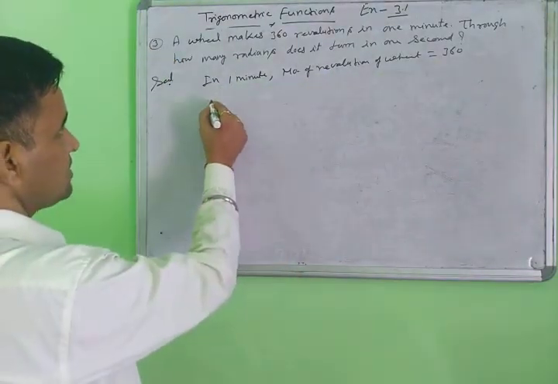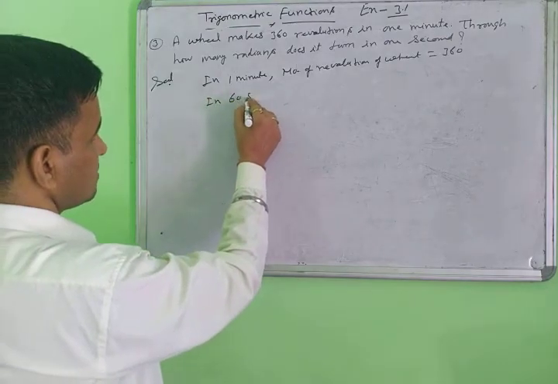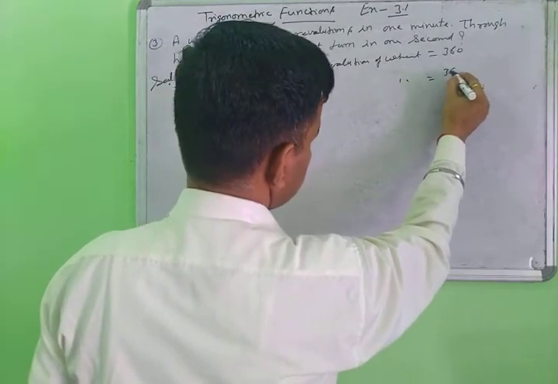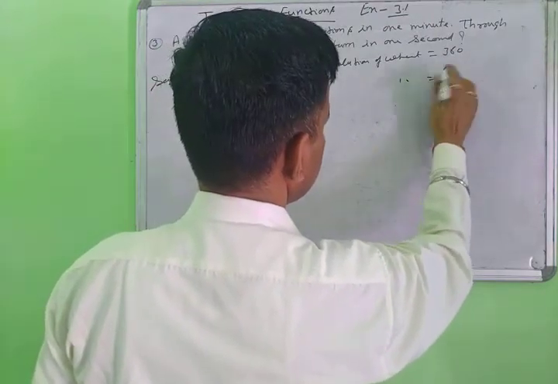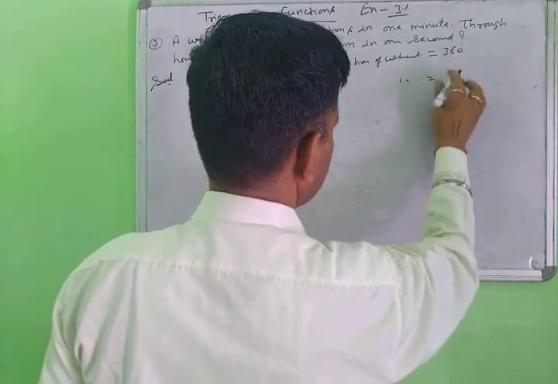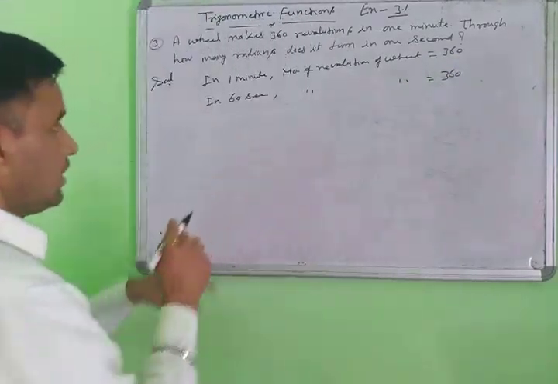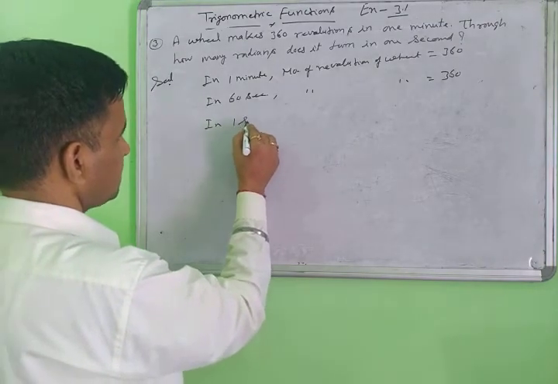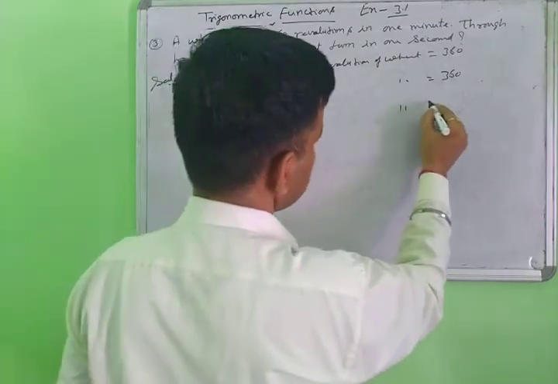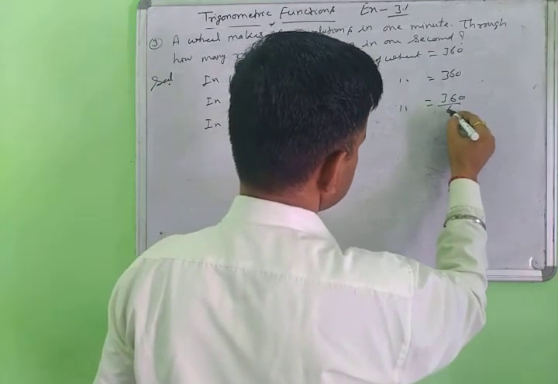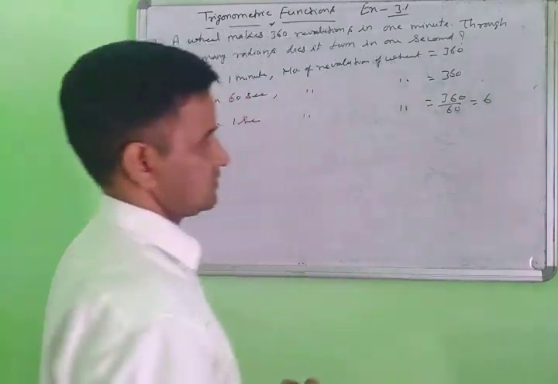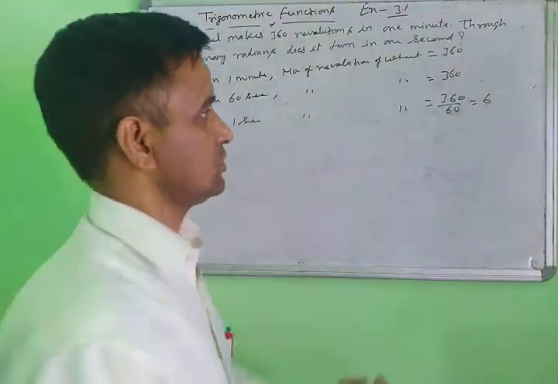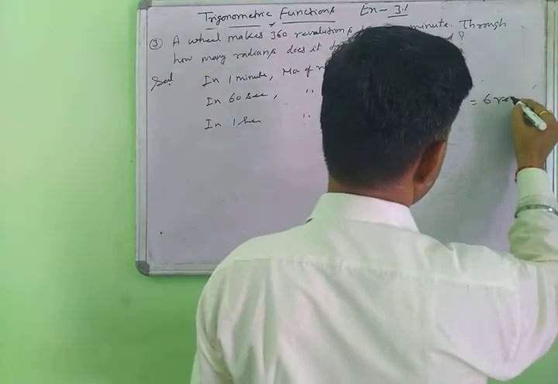In 1 minute, meaning 60 seconds, the number of revolutions of the wheel is 360. Then you convert into 1 second. In 1 second, the number of revolutions will be 360 upon 60, which is 6 revolutions. In 1 second, the number of revolutions of the wheel is 6 revolutions.